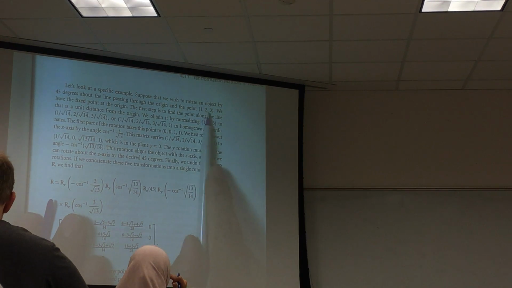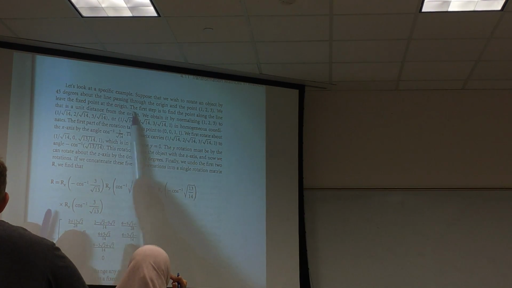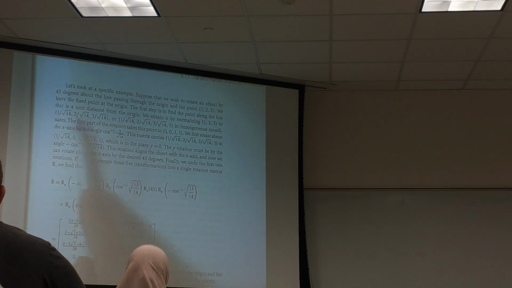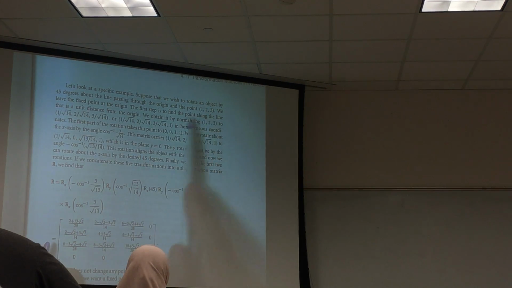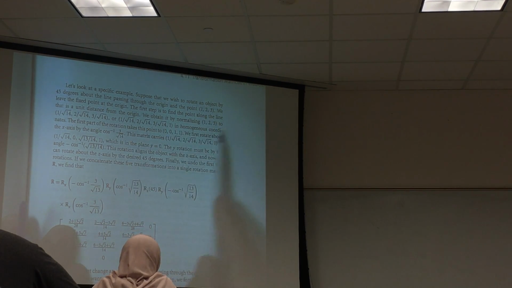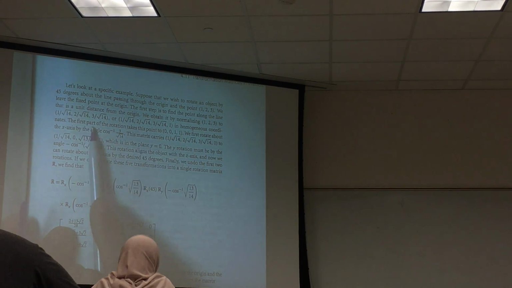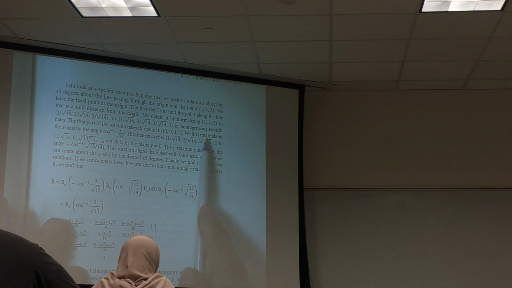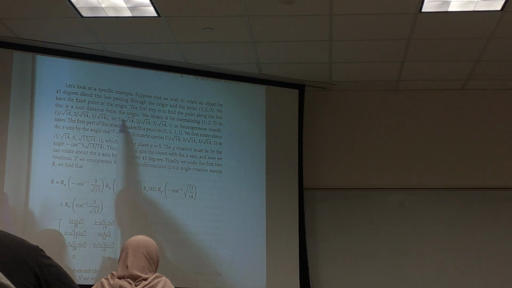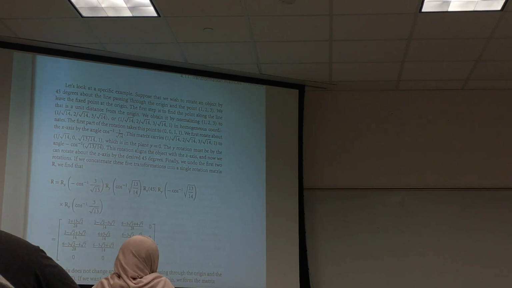If that point is 1, 2, 3, we leave the fixed point at origin, the first point, the final point along the line. Therefore, we need to get the alpha x, alpha y from this vector, and this is converted to homogeneous. Take about this point, we rotate it here, we get our x-axis by these basic components. Matrix theory. Here's simplifying things.